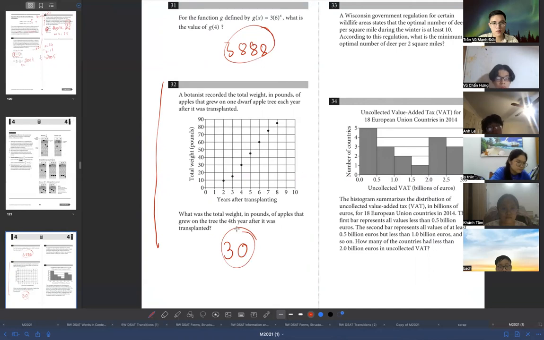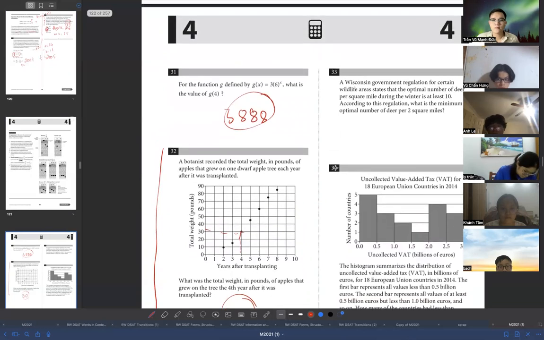Coordinate is 4 and 30. 4 years after. Oh, I'm sorry, I misread this one. Just 30, right? 30. Okay, 33. 20. Very simple. Just multiply, 2 times 10 is 20.